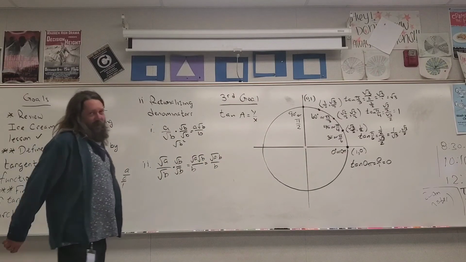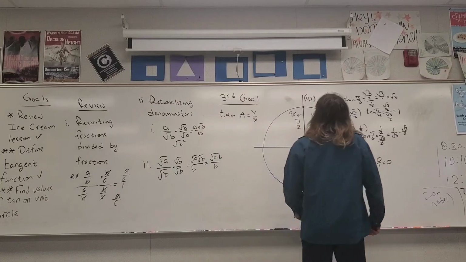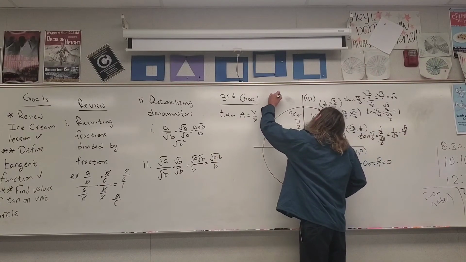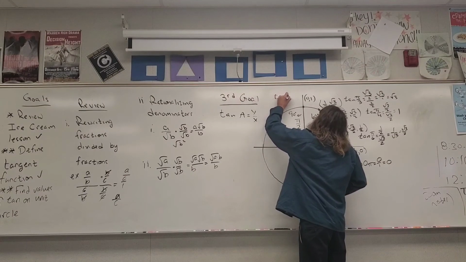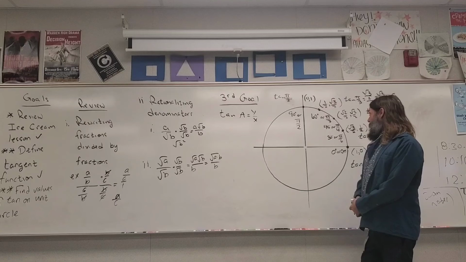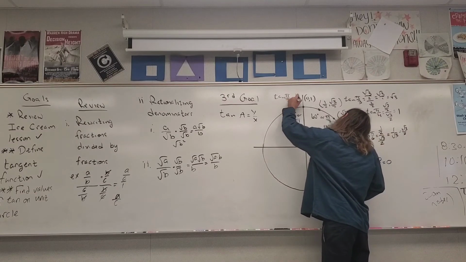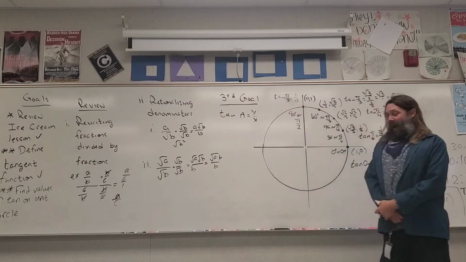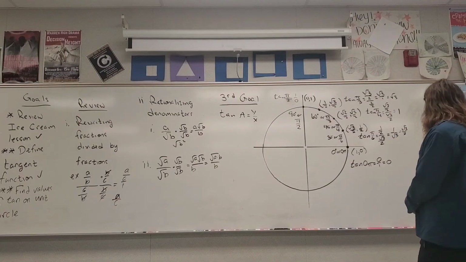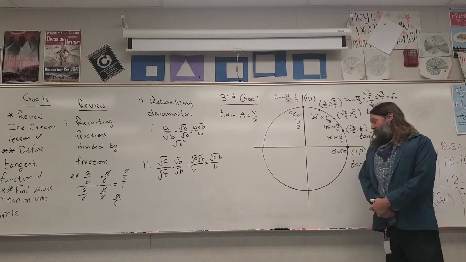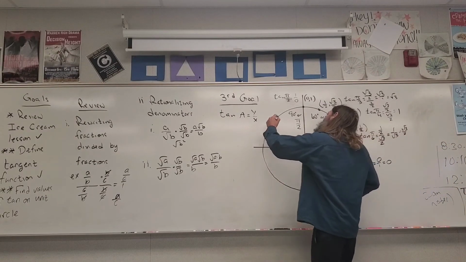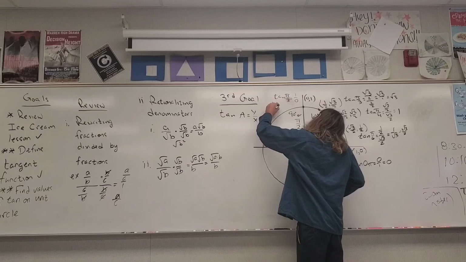Let's just quickly talk about the last one here. So tangent of pi over 2. That's equal to my y value divided by my x value. And we run into a problem, because I am not allowed to divide by 0. So there are places that tangent's called undefined, right?